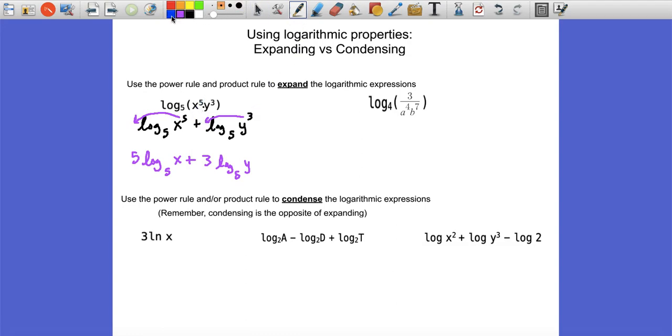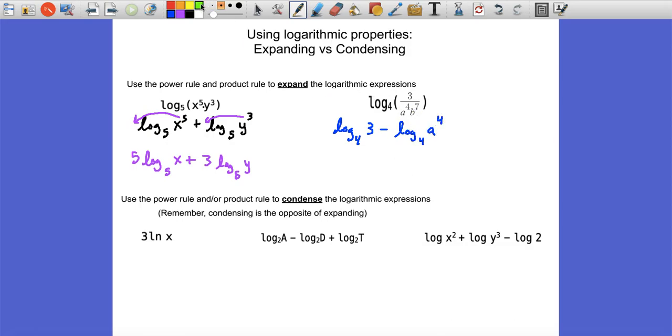All right. For this next example, we've got log base 4 of 3 divided by a to the 4th times b to the 7th. Both of these are in the denominator, so they'll both be negative when we go to expand initially. This is the numerator, so it'll be positive. So we start with our product rule, log base 4 of 3 minus, notice it's minus because we're from the denominator, log base 4 of a to the 4th.